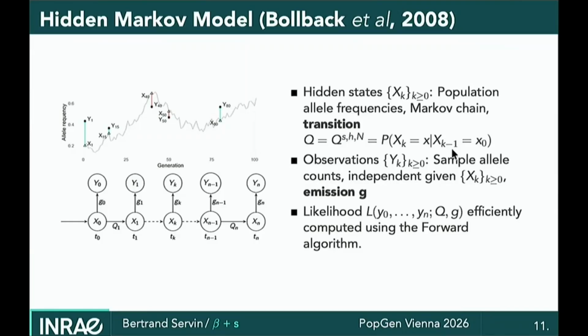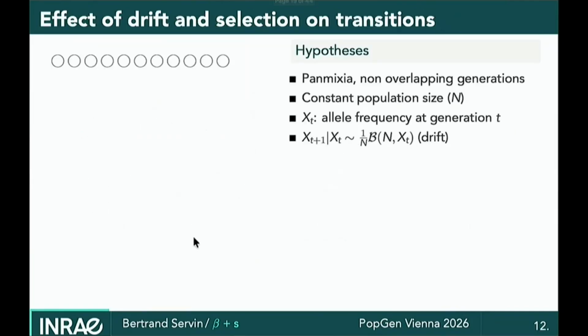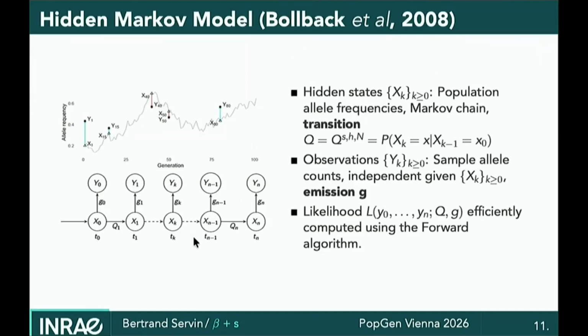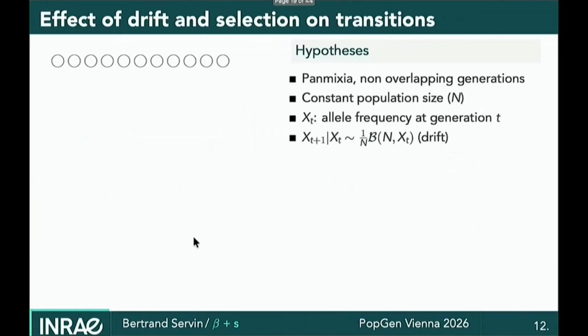If I can do that, then I have my transition probabilities, the Q's, and the emission probabilities, the G's. If I can compute both, then I can do whatever I want. For the G's, it's just binomial sampling, so problem solved. If you do Pool-seq, you can include the pool size to model some random effects of pool size, but that's just experimental design.